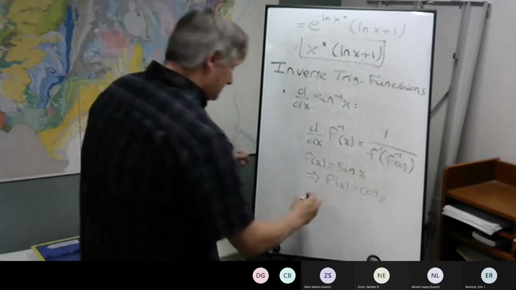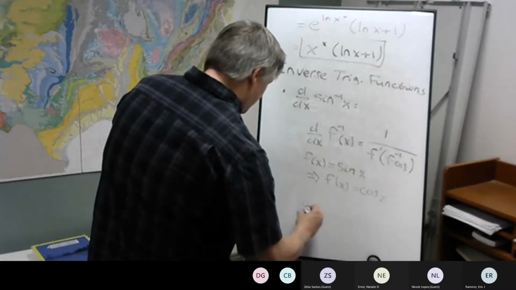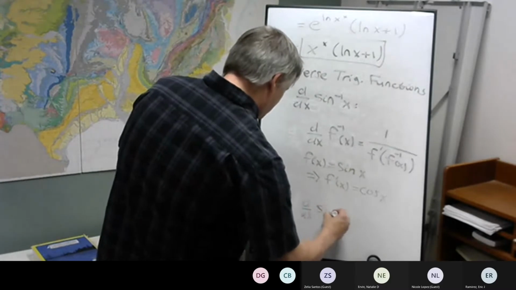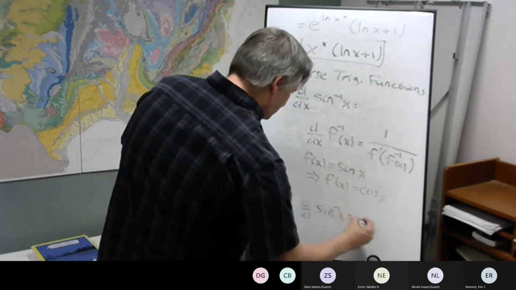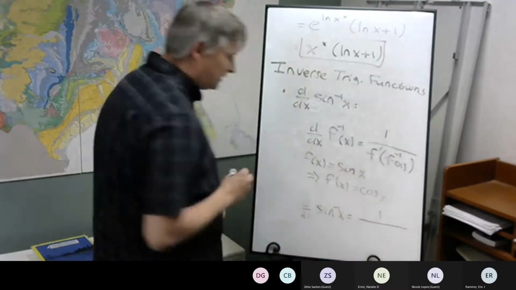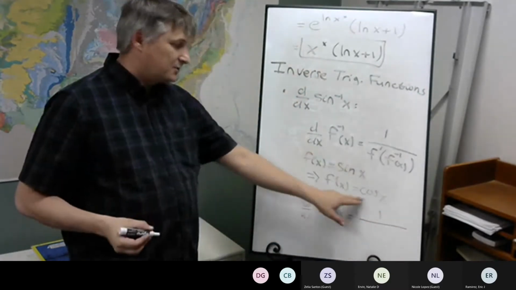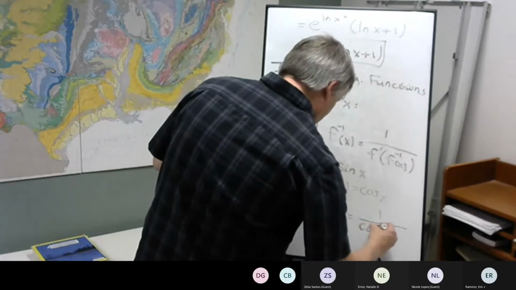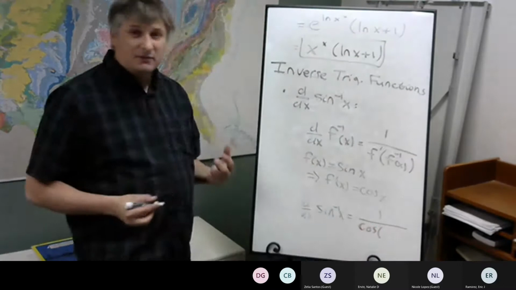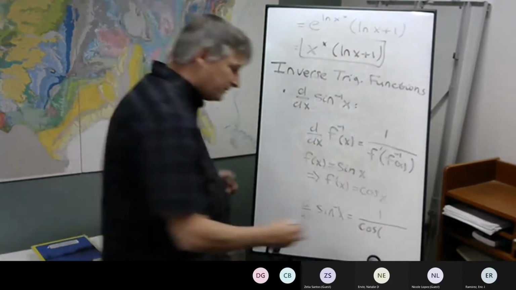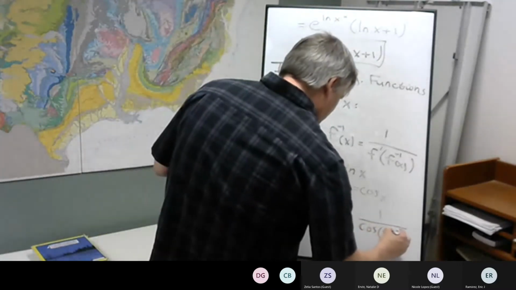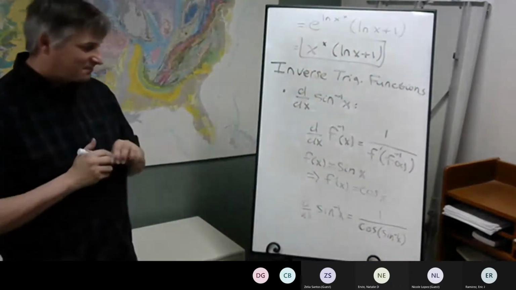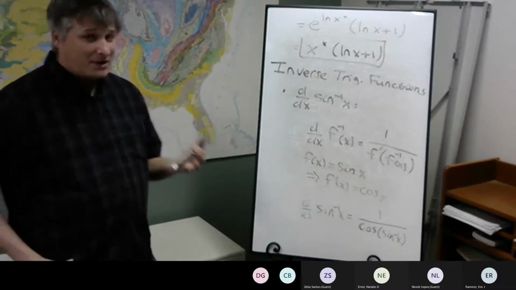So what this means, the derivative of sine inverse is going to be f prime, or in this case, cosine, of that inverse function that we're trying to take the derivative of, sine inverse of x. So questions about that?